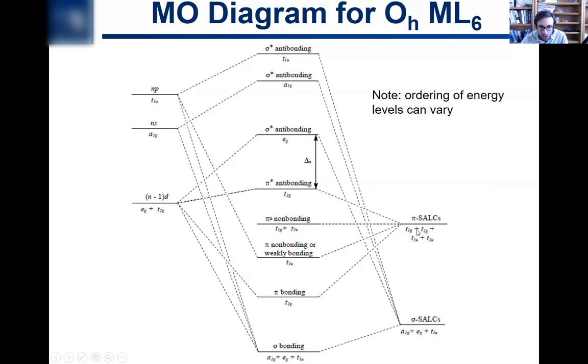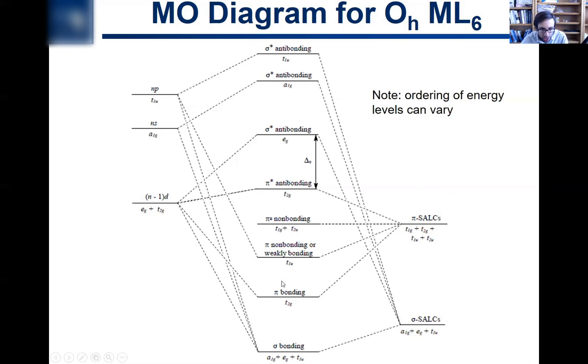Then you start just making interactions, and the main thing that changes here is that these interactions are similar to before. We had our sigma bonding interactions, and I'm showing all three lumped together, but really these are three separate lines, as we walked through on the previous diagram. We had A1g, T1u, and Eg, which can all bond with the sigma SALCs. But before, the T2g were non-bonding, and now they can be bonding with these pi SALCs.